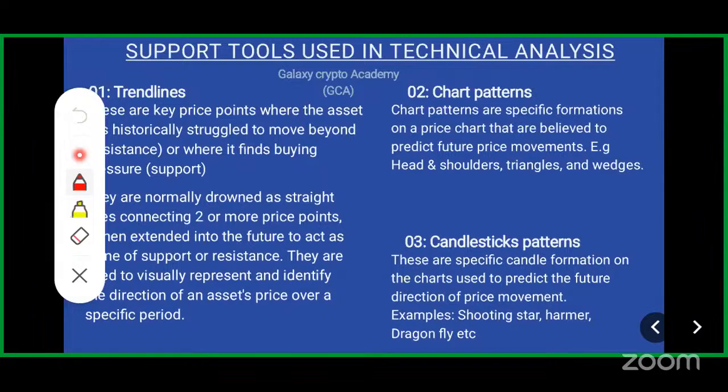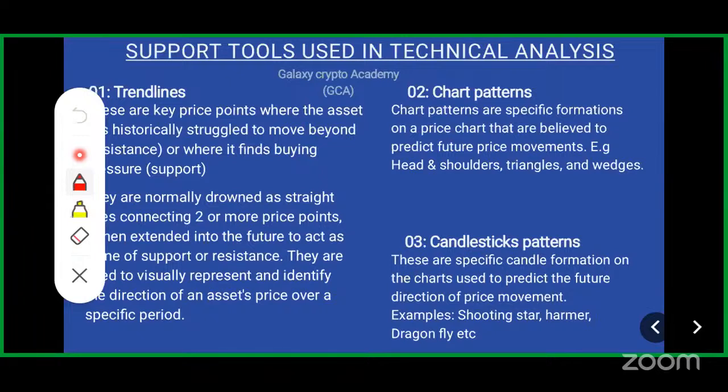So there are some candles that we are going to look at that really help in signaling, giving us a lot of information regarding what is happening in the market with regards to the behavior of traders. Okay, I believe you've heard about the shooting star, the hammer, the dragonfly.